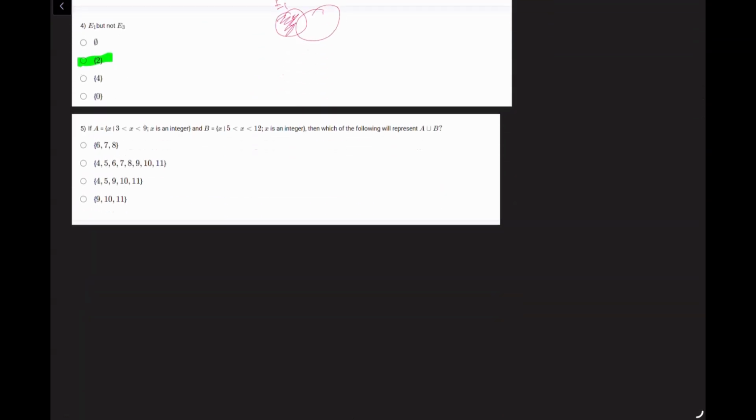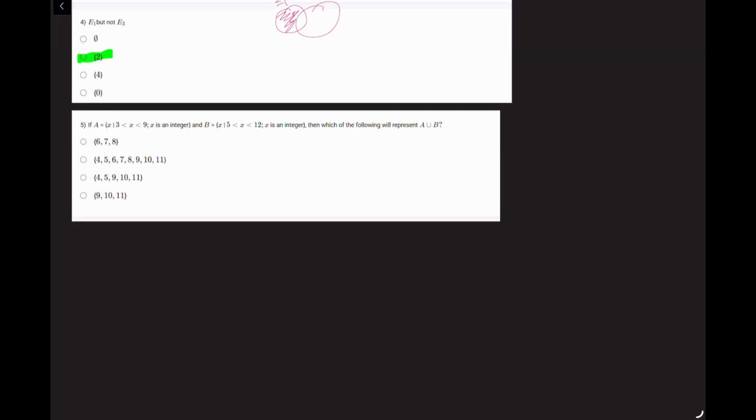Let's move ahead to question number 5. If A is a set where x is greater than 3 but less than 9, and x is an integer, whereas B is a set where x is between 5 and 12, and x is again an integer, then which of the following will represent A union B?